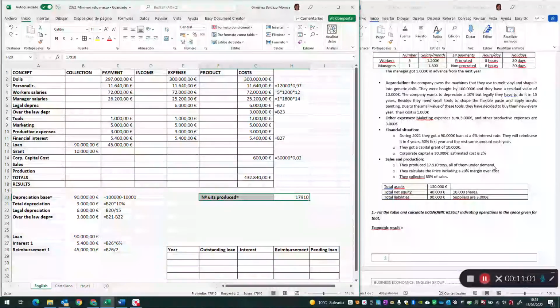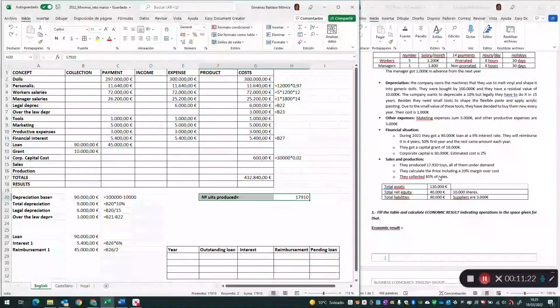This means that the number of toys they sell is the same as the number of toys they produce. So there's no warehouse and no stock in this exercise, okay? They produce under demand, so there's no stock in the company.